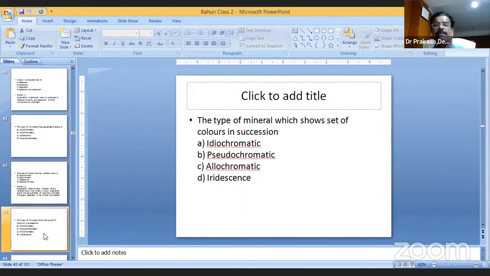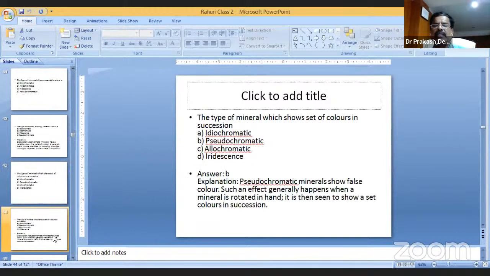Okay, I have another question. The type of mineral which shows a set of colors in succession: idiochromatic, pseudochromatic, allochromatic, or iridescent. Okay, probably this is somewhat tough. You just look at this. It is called pseudochromatic minerals, which show false color. Such an effect generally happens when a mineral is rotated in hand. It is then seen to show a set of colors in succession.